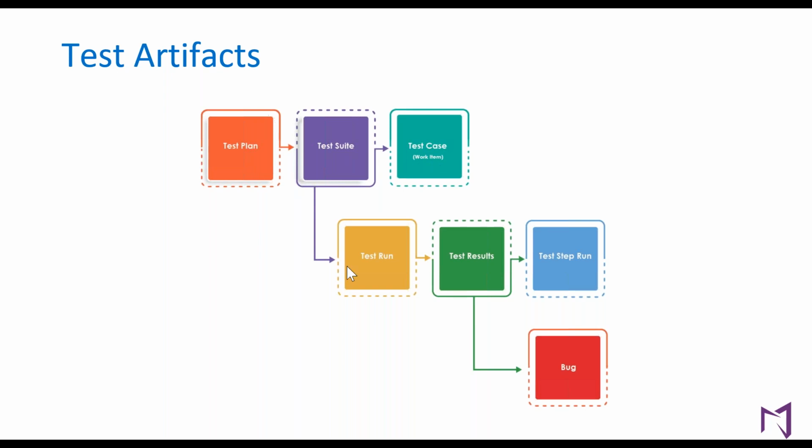Further to that, you will find that test run is actually not a work item even. And the test results on every test case is not a work item. And certainly test steps are not work items. So for all of these three concepts, we have created what we're calling virtual work items.